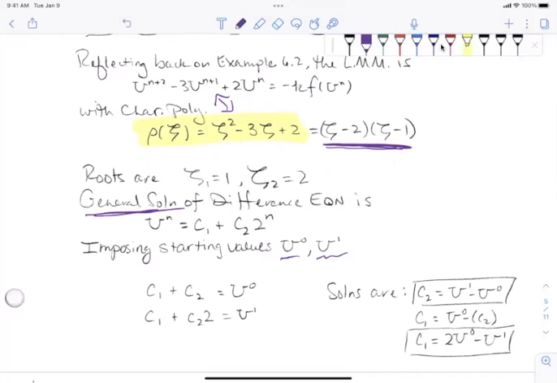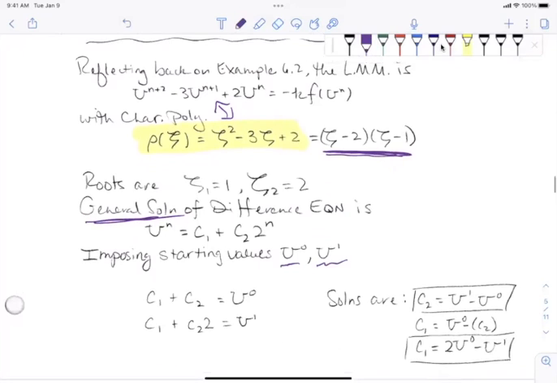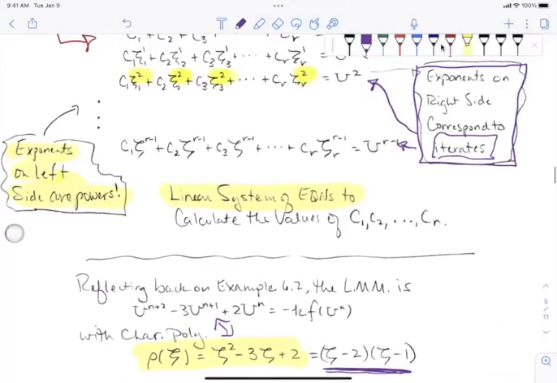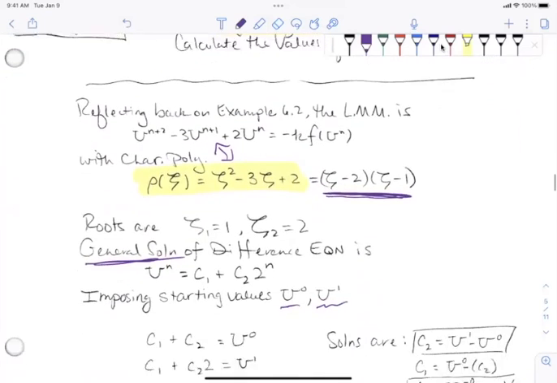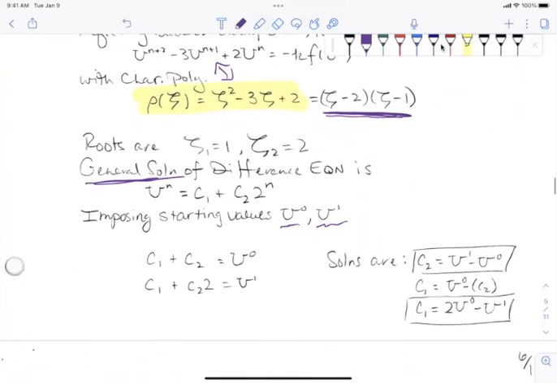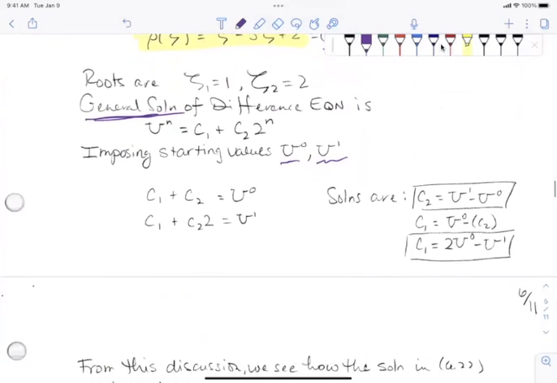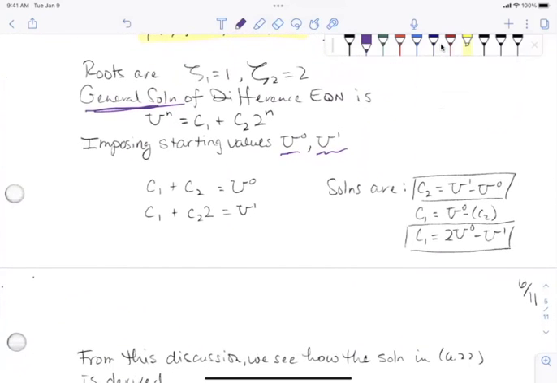Now if I plug into that same system above, where I only have an n equals 0 and an n equals 1 case, I see these two equations popping up. Then I can solve that for C1 and C2, and you can see where I've done that over here.